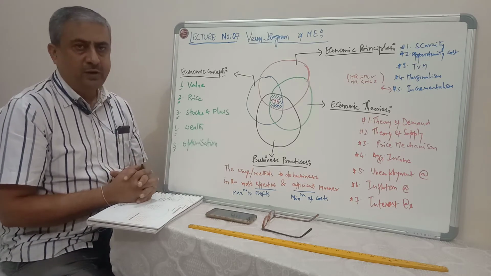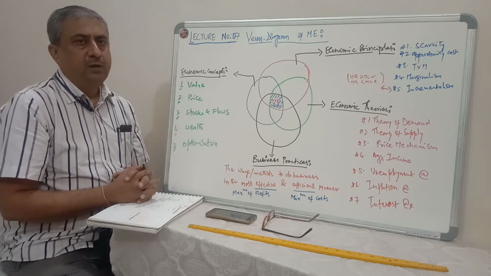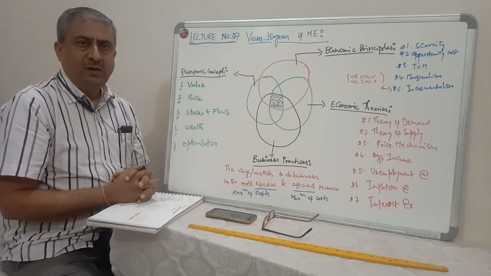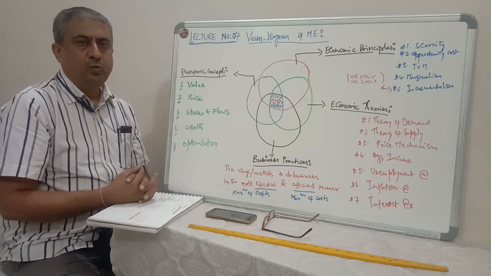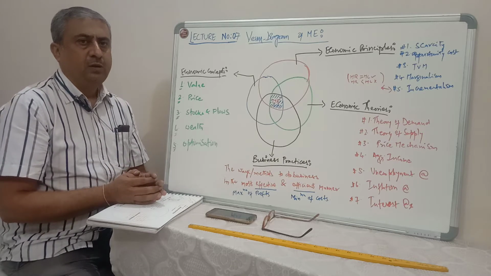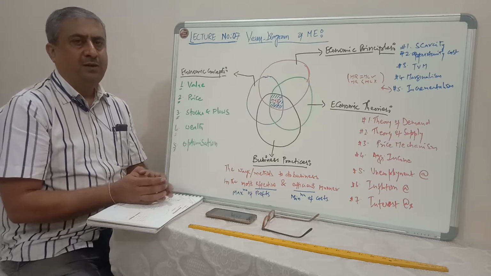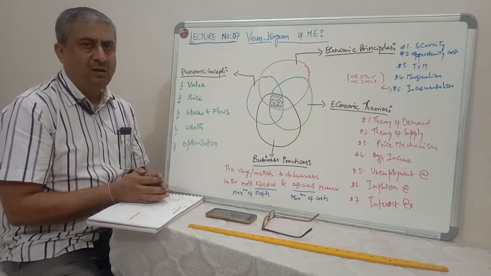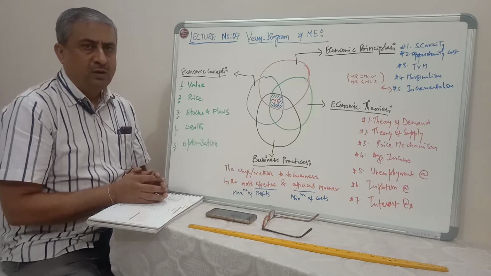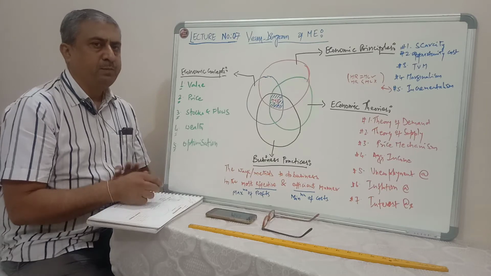This I've tried to make you understand with the help of a Venn diagram. In a Venn diagram, you include everything, or you include those parts which are the most important and relevant and try to explain the concept from that perspective.